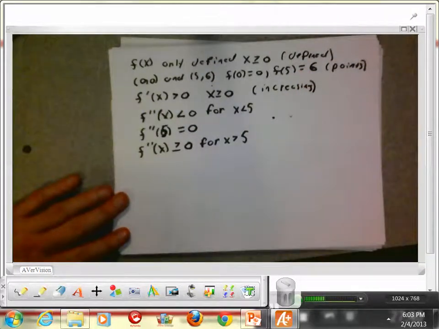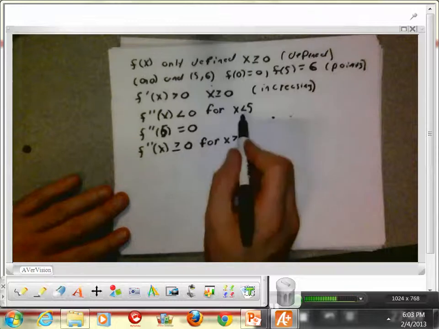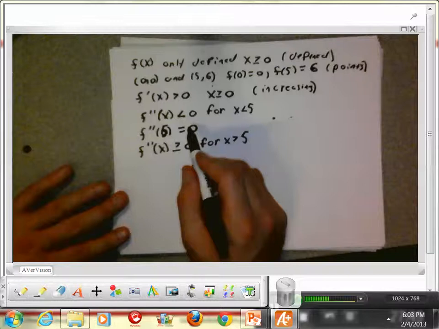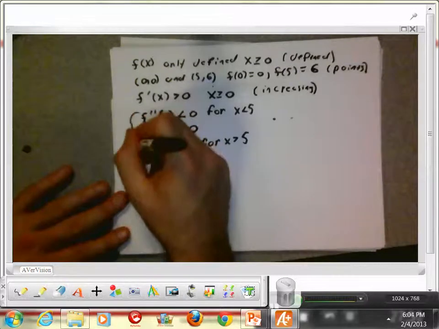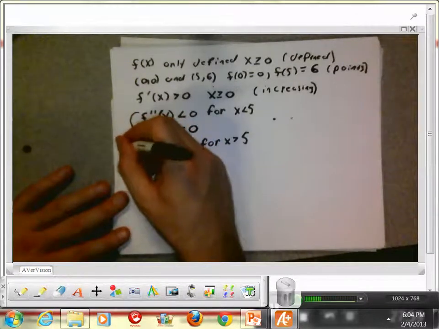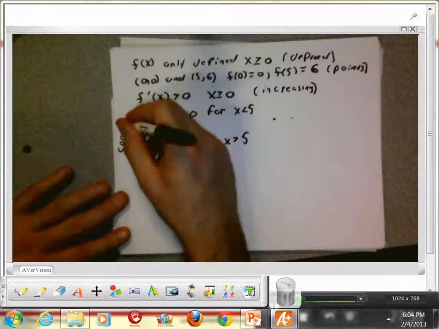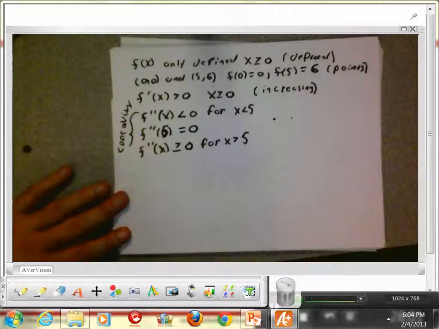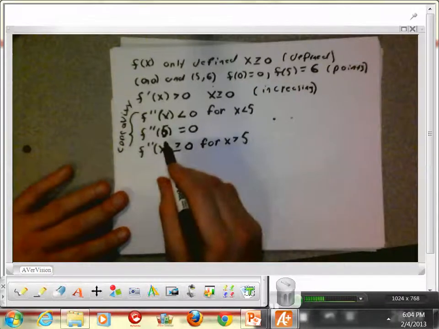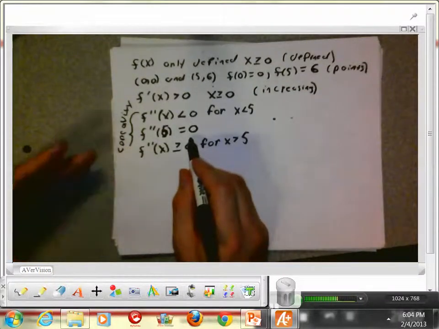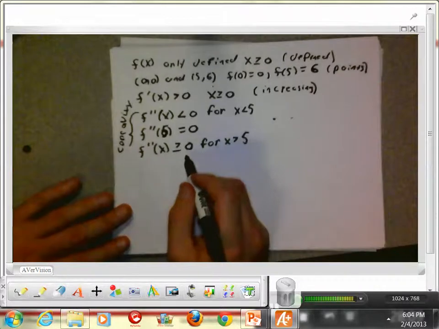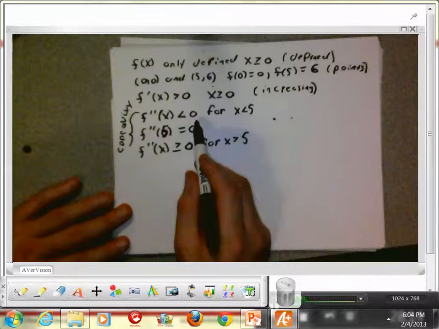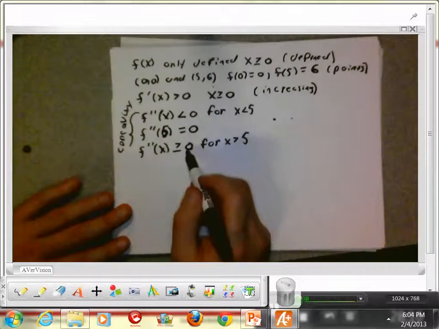Now we have something going on at 5. If x is less than 5, is the function concave up or concave down? Down. So these last three are concavity. F double prime of 5 equals 0 means it's not concave up or concave down, because if it's less than 0, then it's concave down, and if it's greater than 0, it's concave up.